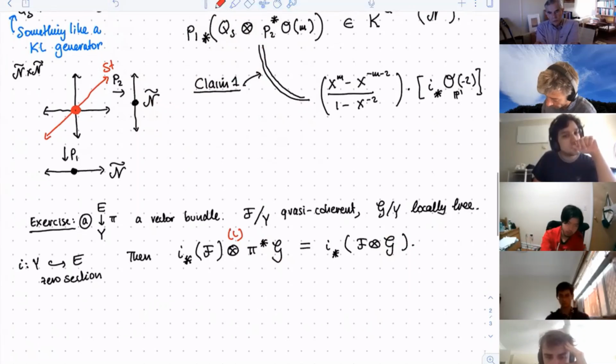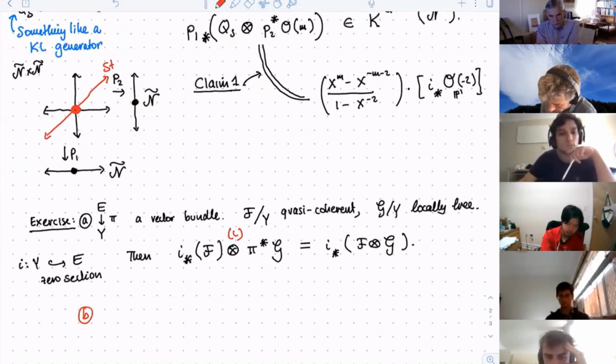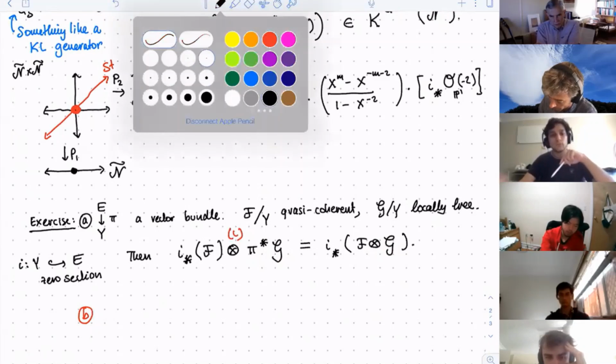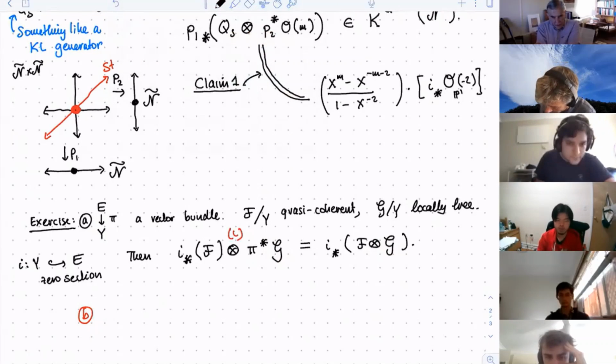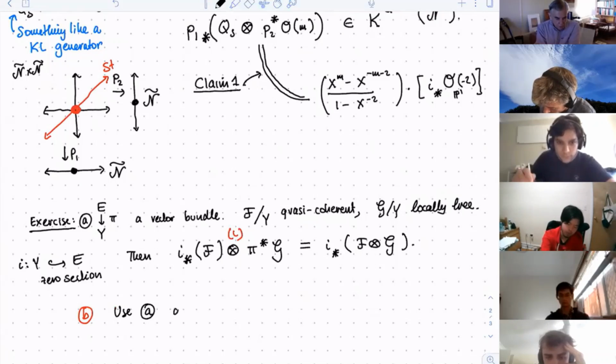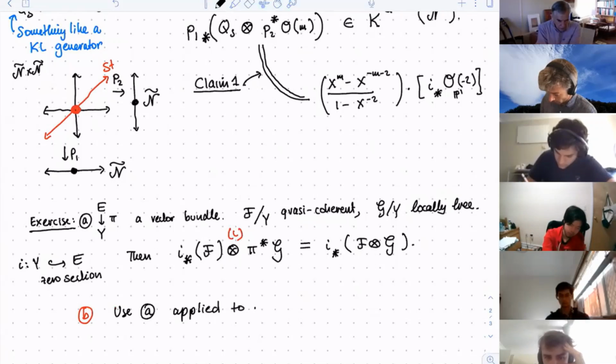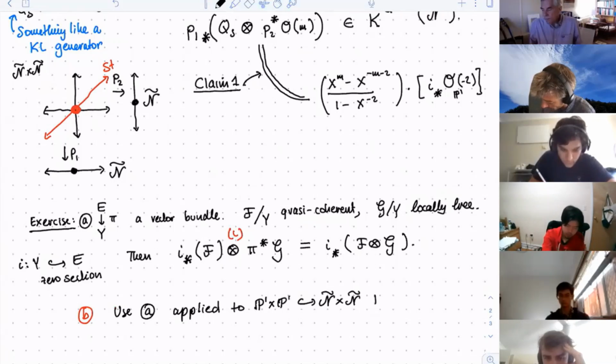And now the second part of the exercise is to use A applied to P1 times P1 embedded inside n tilde times n tilde to deduce claim 1.